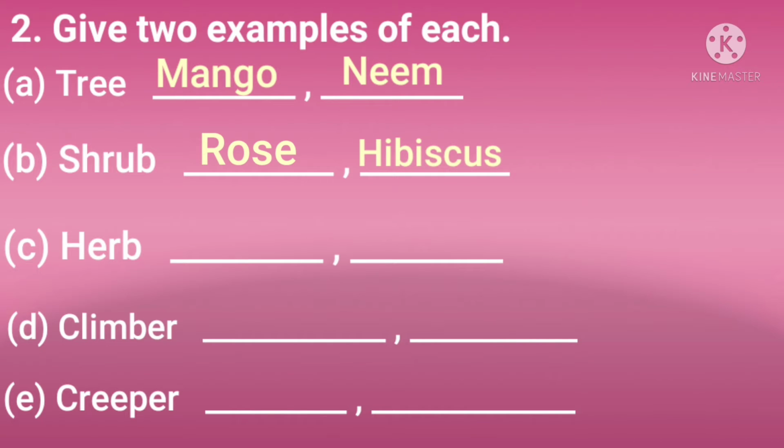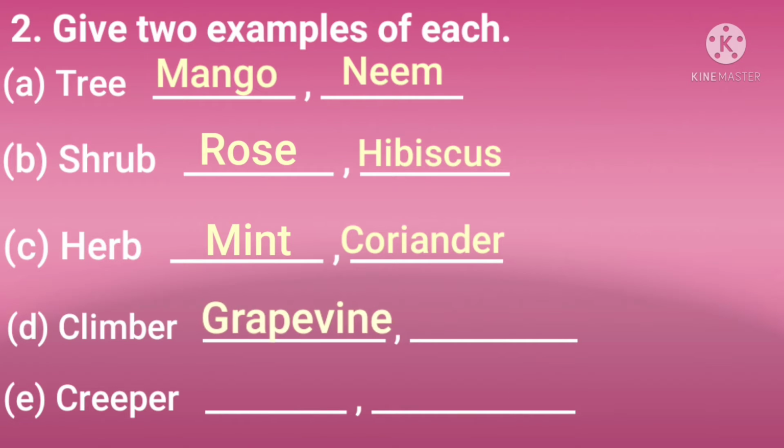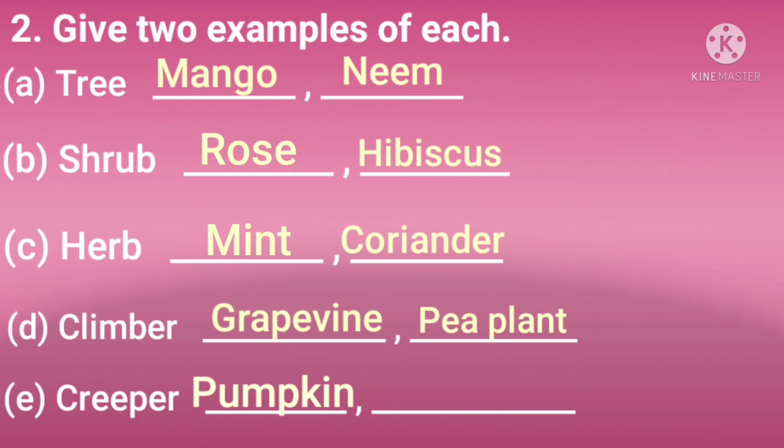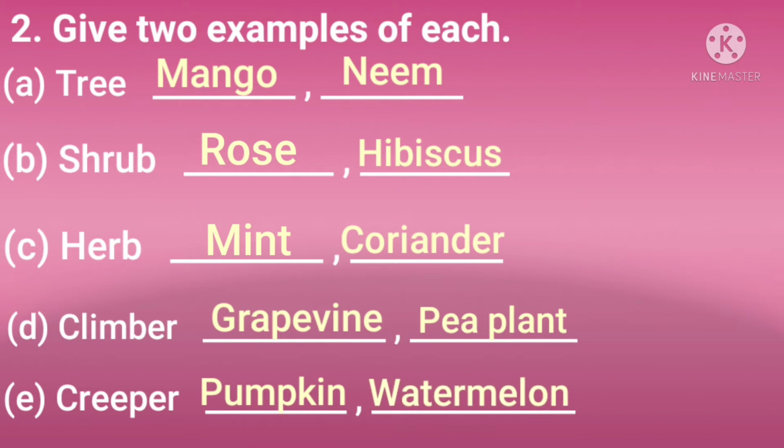Number C. Herb. Mint and coriander are 2 examples of herbs. Number D. Climber. Grapevine and pea plant are 2 examples of climbers. Number E. Creeper. Can you tell 2 examples of creepers? Yes, it's pumpkin and watermelon.